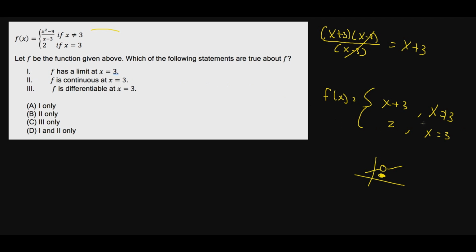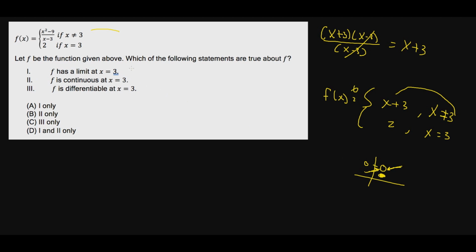Well, of course it's going to have a limit, right? Because if we think about this, the top equation says we're not able to equal 3, but that does mean we can be equal to any other number. So we know as we approach it from the left and from the right, even though we can't equal 3, it will approach some y value. In this case, if you actually plug it in, we get 6, right? So we're actually approaching 6.